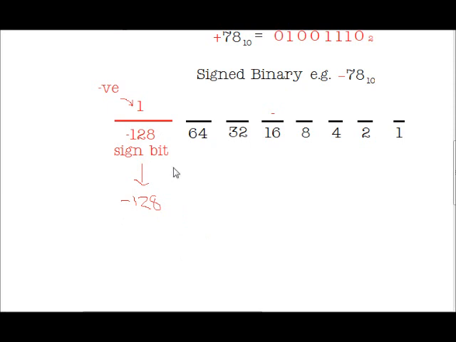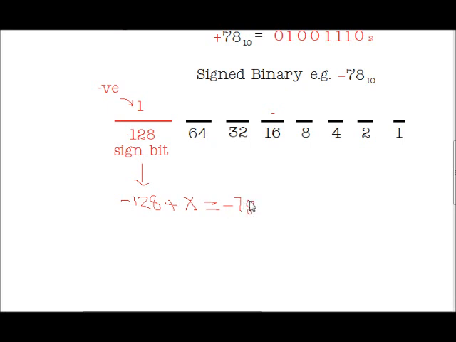Now, what we want is that at the end of our work, we are going to get minus 78. So minus 128 plus a positive number which we don't know, let's call this x, must give us minus 78.